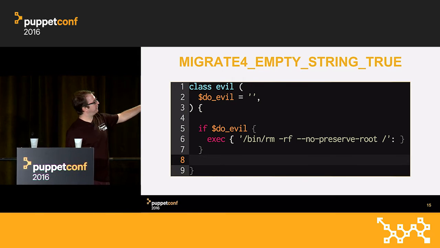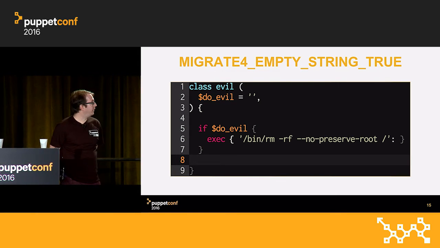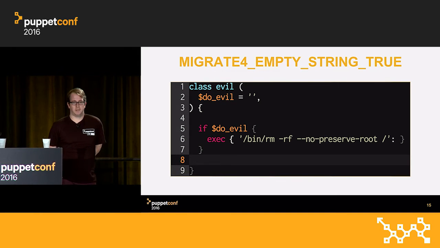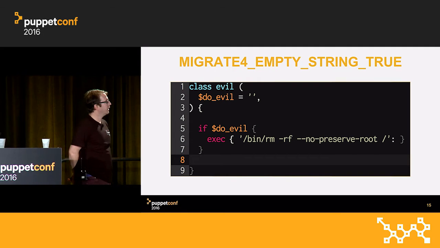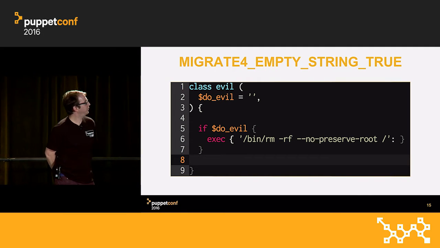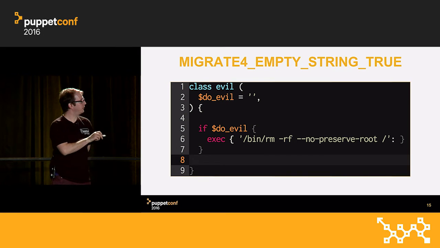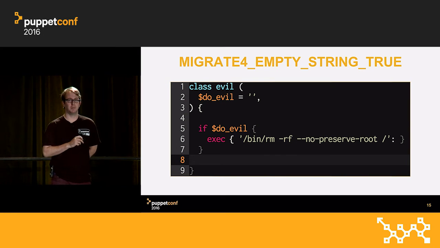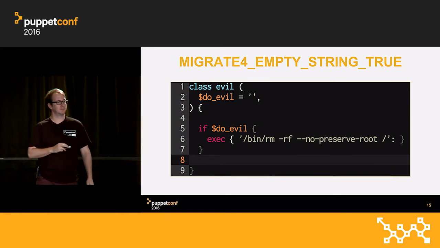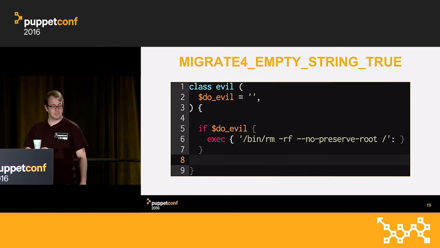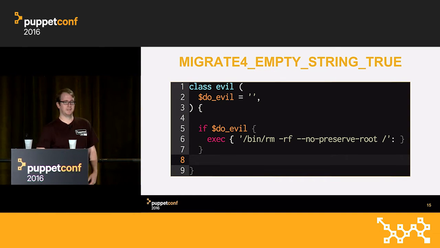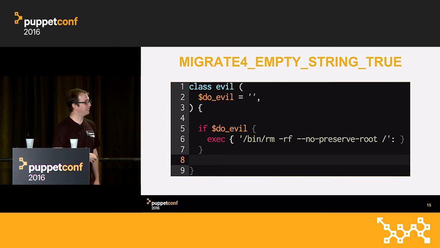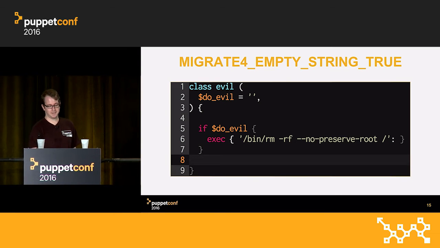So if you have a class like this, running an exec, that's pretty normal, an exec everyone would run. If that string is true, in Puppet 3, this would not destroy your server. In Puppet 4, this is going to destroy your server. Anyone have code like this? Good. You have bigger problems if you're writing code like this.